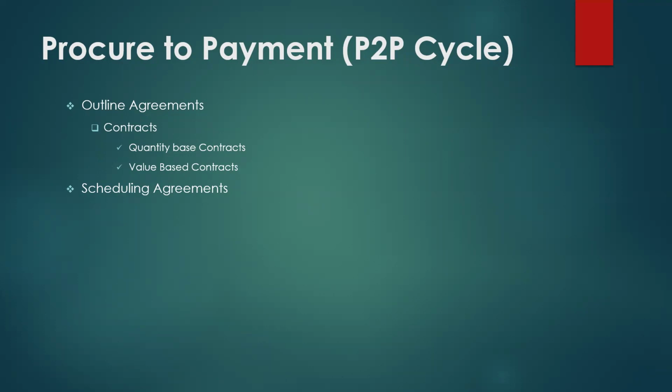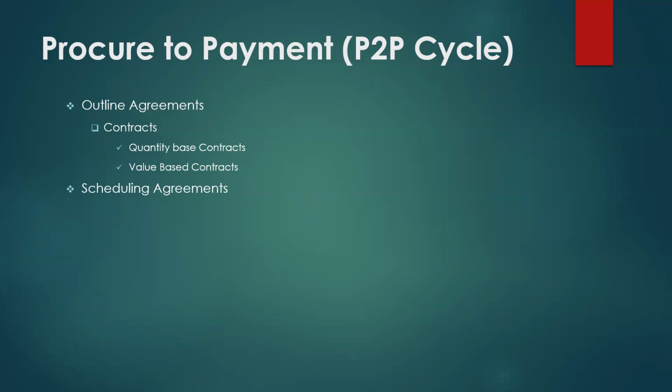The contracts will not have a delivery schedule. Whenever you require material, the contract will be converted into a PR, and the PR will be converted into a purchase order. The contracts will have a certain validity period, with a starting date and an ending date.